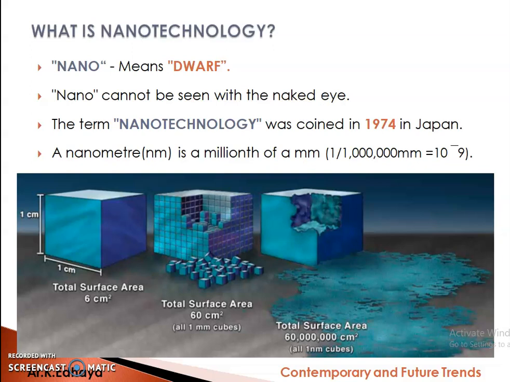The term nanotechnology was coined in 1974 at the University of Tokyo in Japan, and the dimension is 10 to the power of minus 9 meters, a nanometer. It is the quantity level which is stated for nanomaterials.